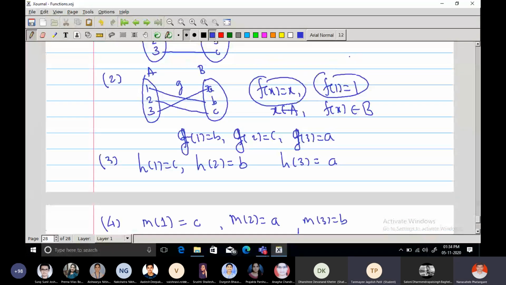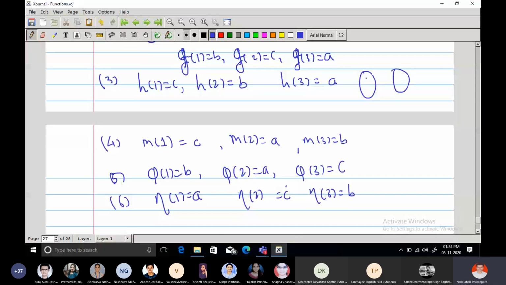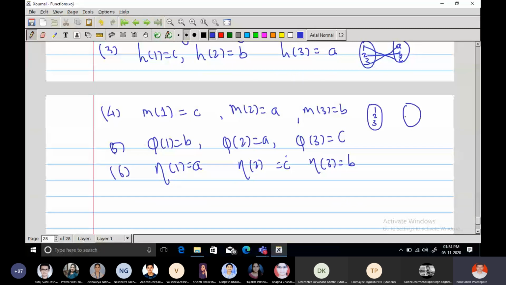Now if you sketch the picture of these functions, see how it looks. Right, so 1, 2, 3, A, B, C. What this suggests: 1 goes to C, 2 goes to B, and 3 goes to A. Just sketch the picture 1, 2, 3, A, B, C. So 1 goes to C, 2 goes to A, and 3 goes to B. Fine.